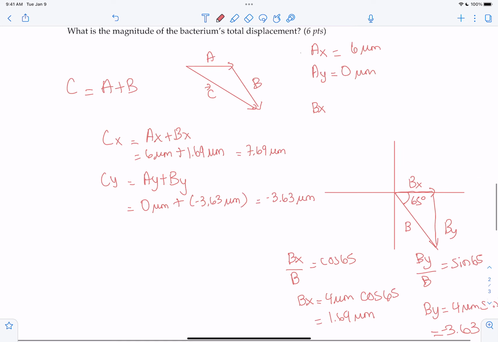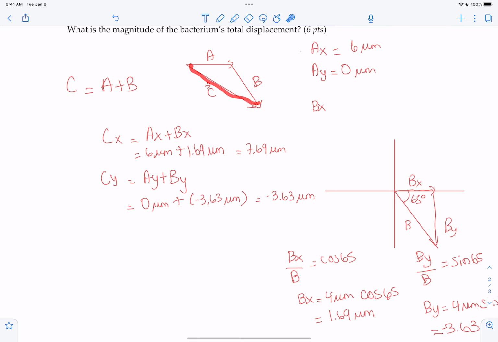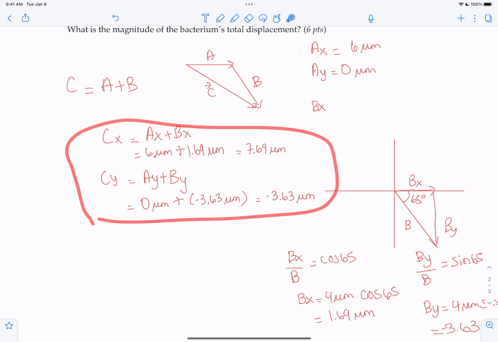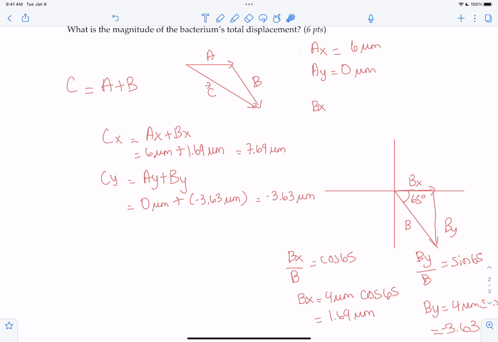Now, how can we figure out the resultant vector, the overall magnitude? Because these are just the components. How can we figure out the entire length of this thing? Any ideas? Yep, Pythagorean theorem.